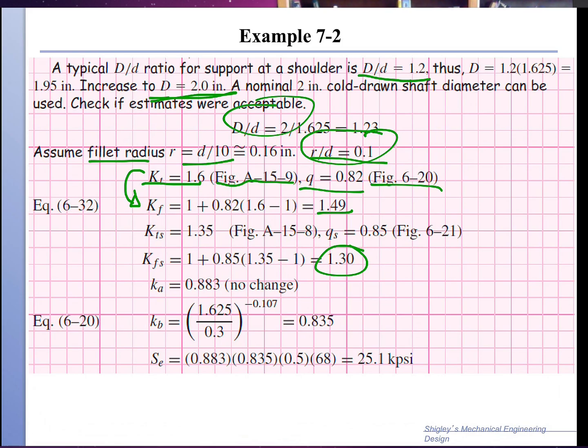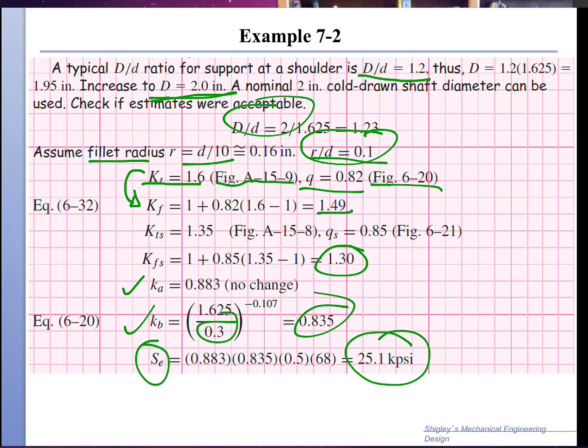Then we can go back and check on the Marin factors, the K sub A, which is a machining part. The surface didn't change, of course, but K sub B changed, so the diameter is different. Therefore, we re-estimate it to be 0.835, and then re-estimate the endurance limit.